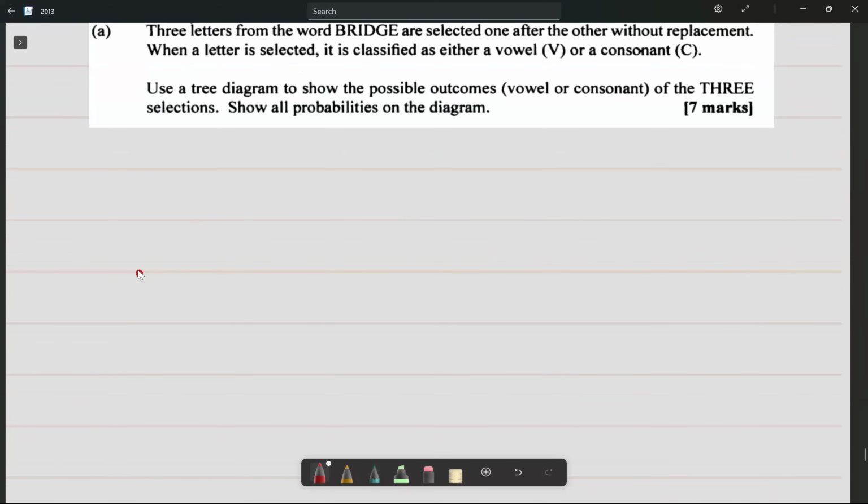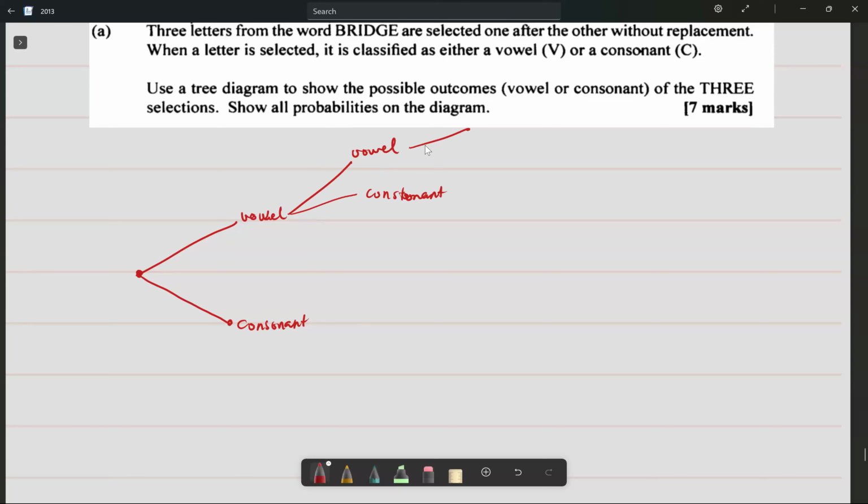So we start here. The first thing is that we can pick a vowel, or we can pick a consonant. Let's continue creating the diagram from here. From here, we can select another vowel, or we can get a consonant.